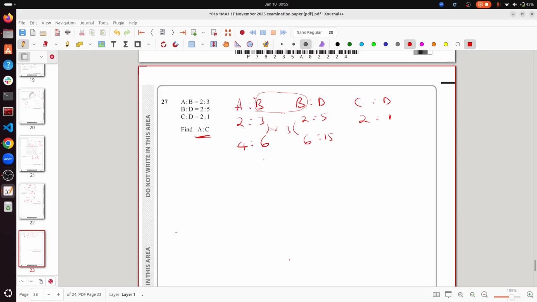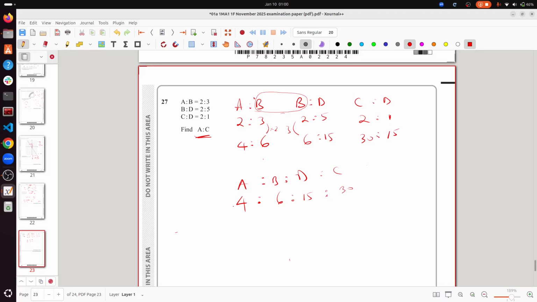So now I have A is to B is to D as 4 is to 6 is to 15. And I know that when C is 2, D is 1. So if my D is 15, that means my C is going to be 30.